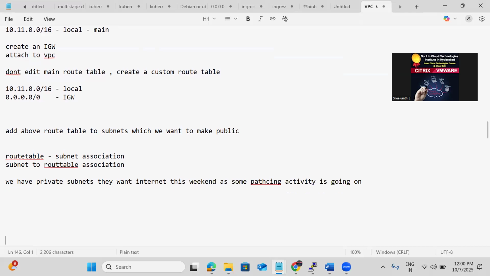Some patching activities need to happen. We don't need to attach the internet gateway to the private subnets. Then we need to use a NAT gateway or NAT instance; both are not required. We have decided to use a NAT gateway.